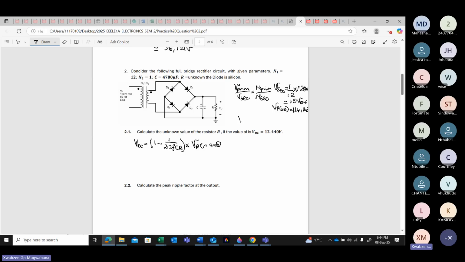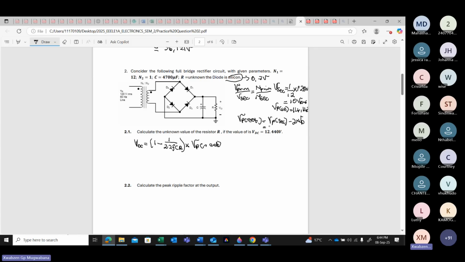Then from there, V peak rectifier will be given by V peak secondary minus 2 times your VD. In this case, what is your VD? It must be silicon, isn't it? If it's silicon, it simply means the voltage is 0,7 volts.